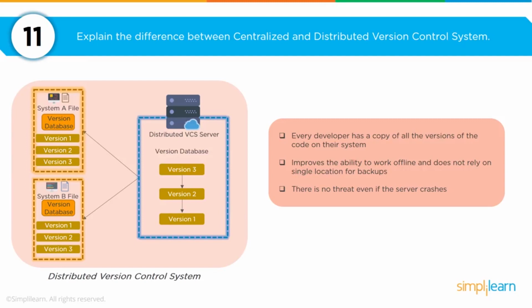So if you have a team that may be in Europe, you can scale that team with people from Asia, North America or South America very easily, and not have to worry about whether they have the right code or the wrong code. In addition, if the main server where you're checking in your code does crash, it's not a big deal, because each person has a copy of the code. As soon as the server comes back up, you're able to check back in and everybody's running as if nothing had happened at all.